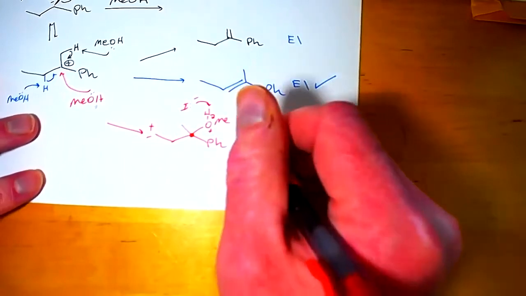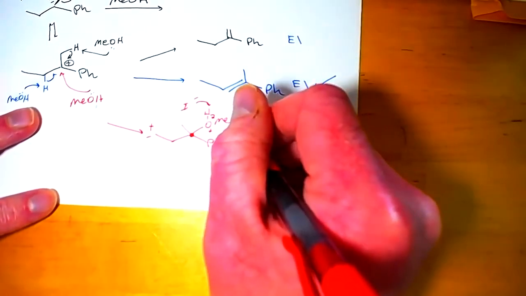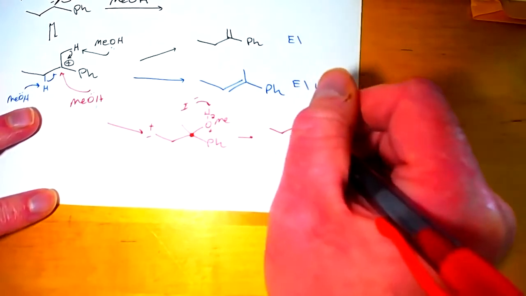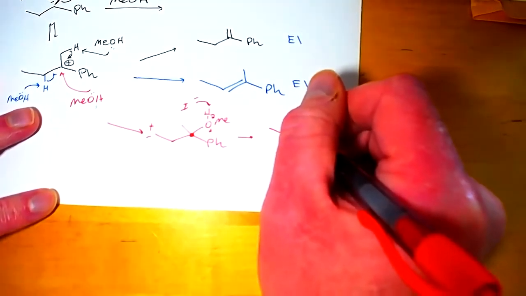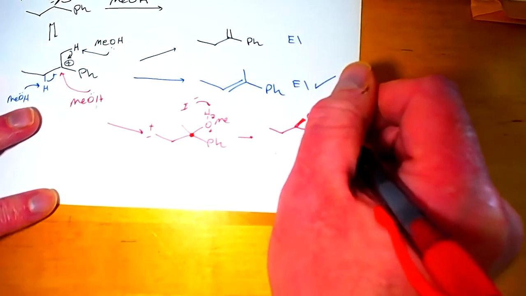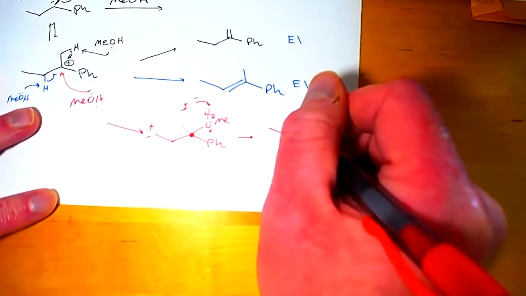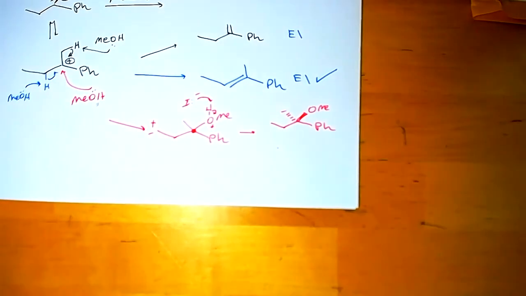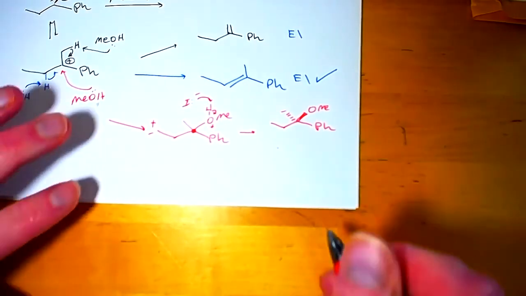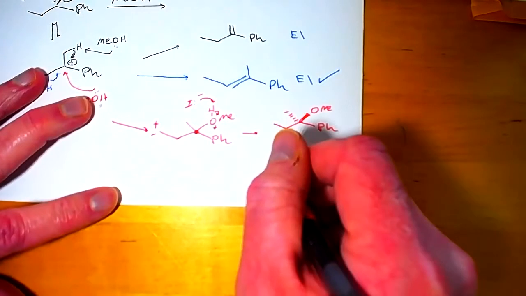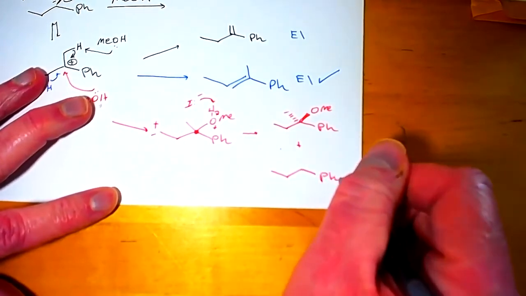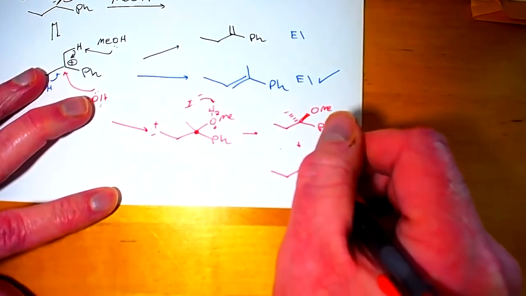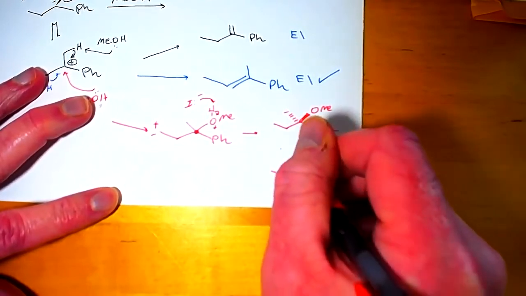And so now the products that we're going to be drawing out here, I'm going to show each stereoisomer, is we're going to be getting one where the O-methyl is coming towards us, and one where the O-methyl is moving away from us.